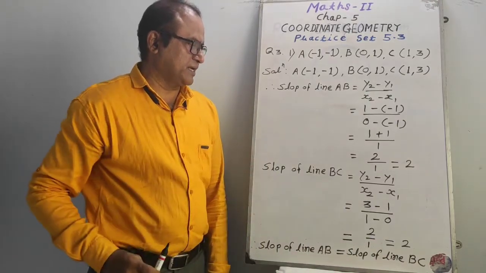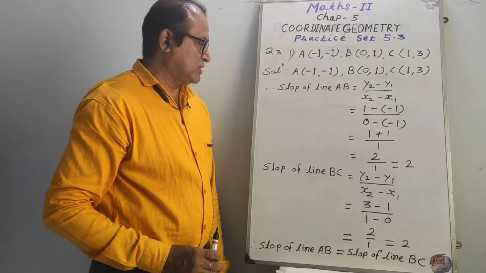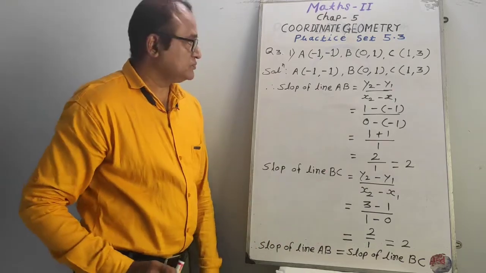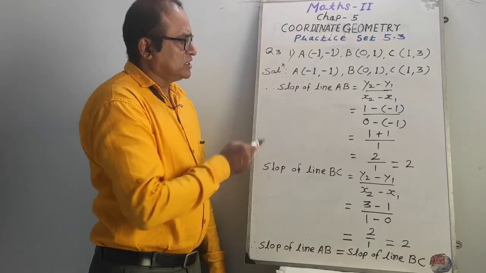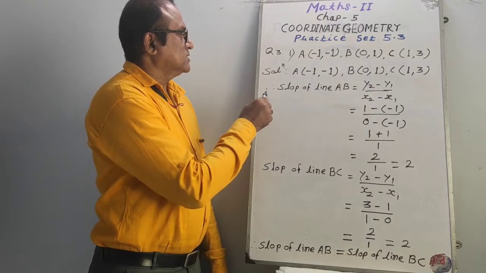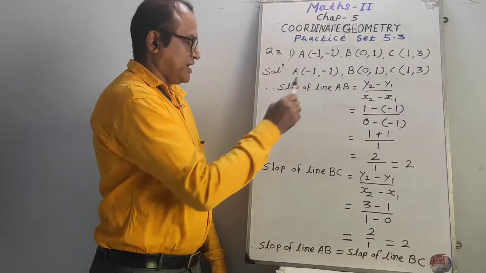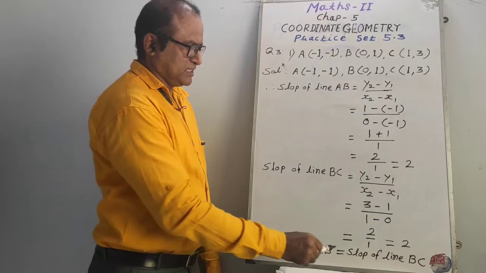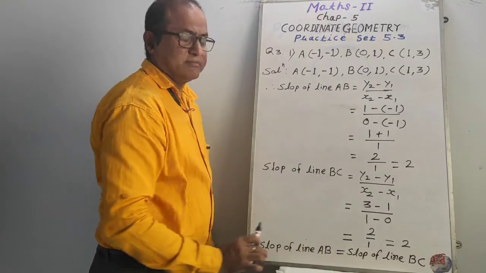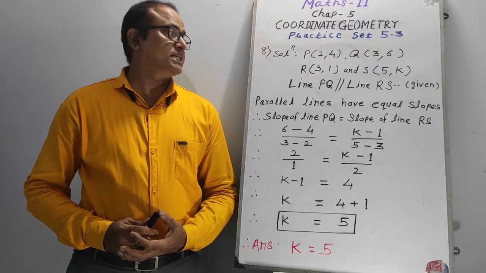Therefore, the slope of line BC is equal to 2. You can see here both the slopes are equal. Therefore, the slope of line AB and the slope of line BC are equal.